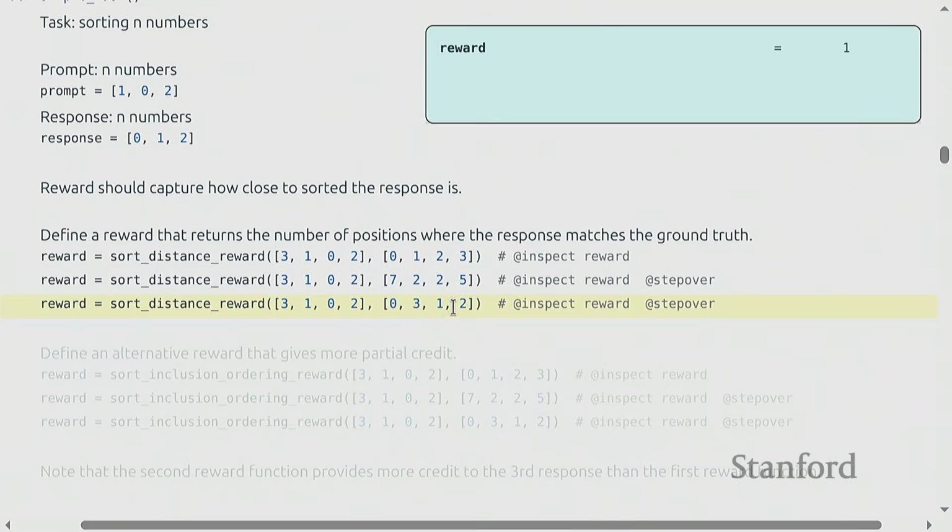Again, you get a 1 because the 0 is in the right position. So that's one reward you could use. Maybe you're unhappy with this because this one is pretty far off and this one is closer, yet they're all getting reward 1. So let's define an alternative reward that gives more partial credit.